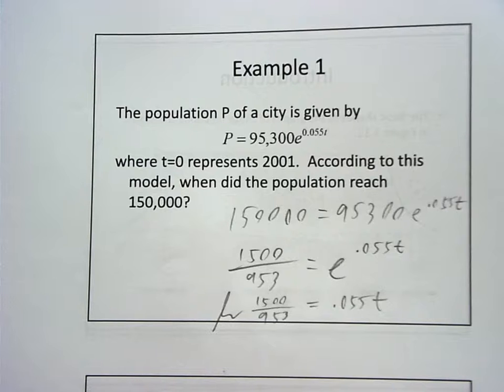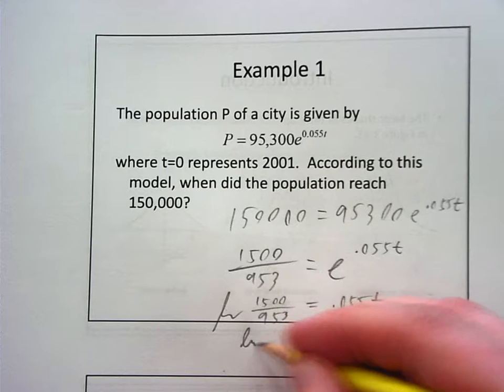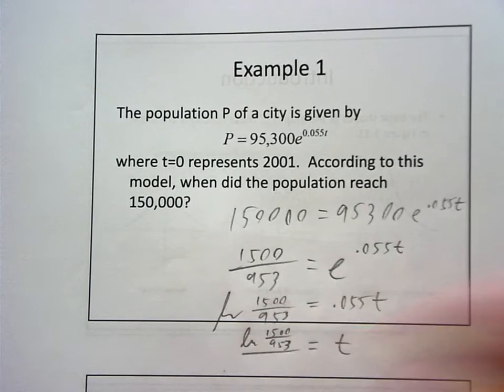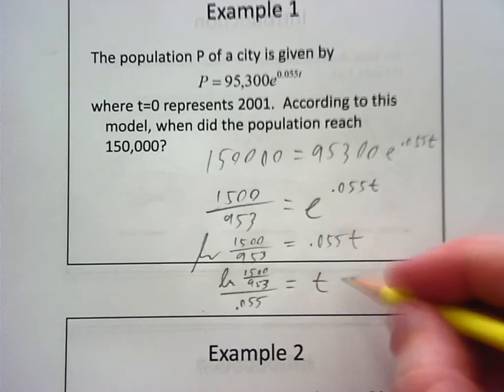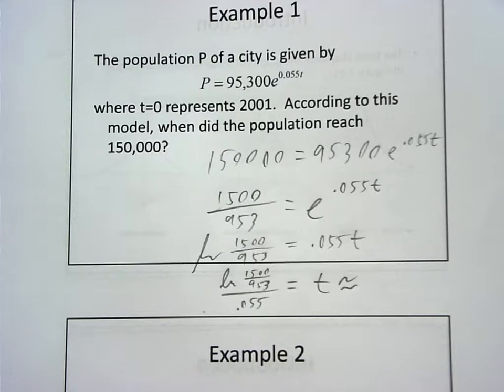Then divide by 0.055. Go ahead and do that. What do you get? Anybody else?